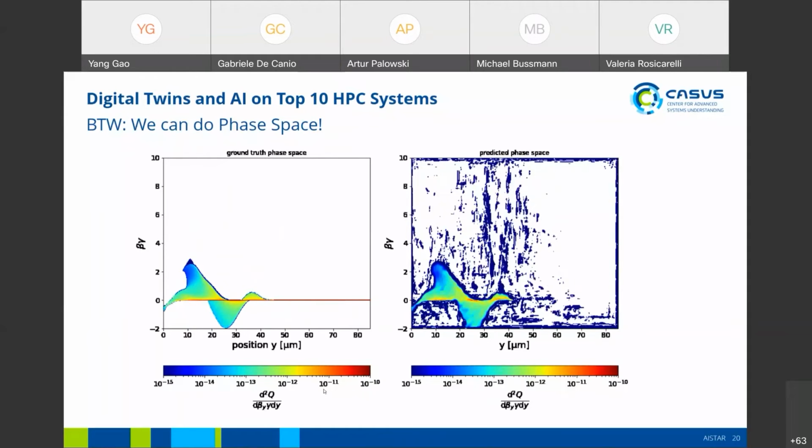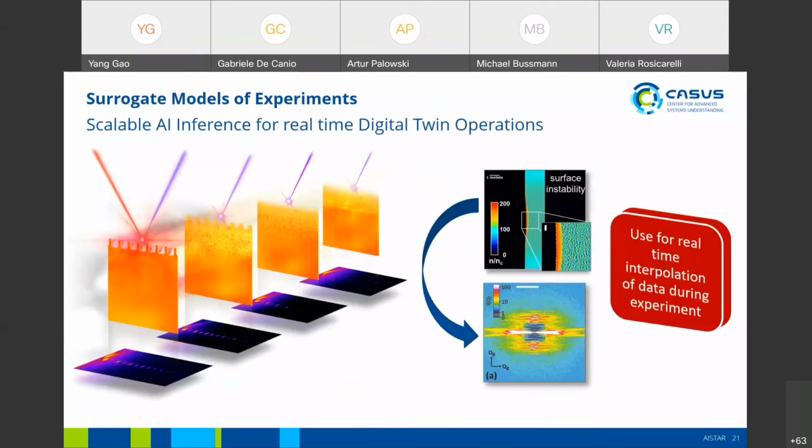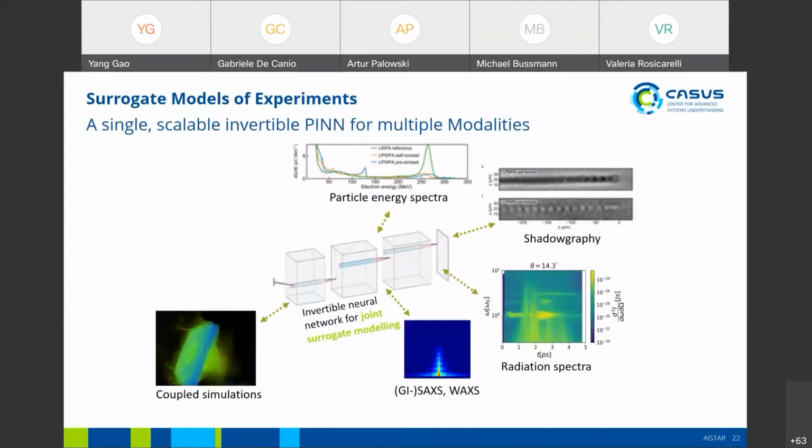You also want to do this to go for real-time interpolation of data during experiments. You really have to make this fast. And in order to do this, you do not just take the input from the simulations, but you also take the input from all the modalities you have, from all the sensors and detectors you have, and join them into a single surrogate model that can also again be inverted.